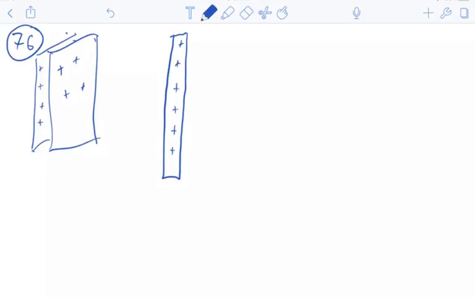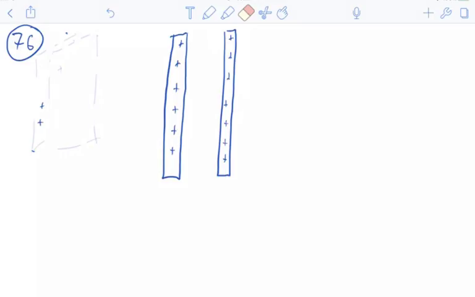Okay. So in the first question, they're both like that. What's the electric field going to look like? I don't know. How about maybe like that? Maybe like this?